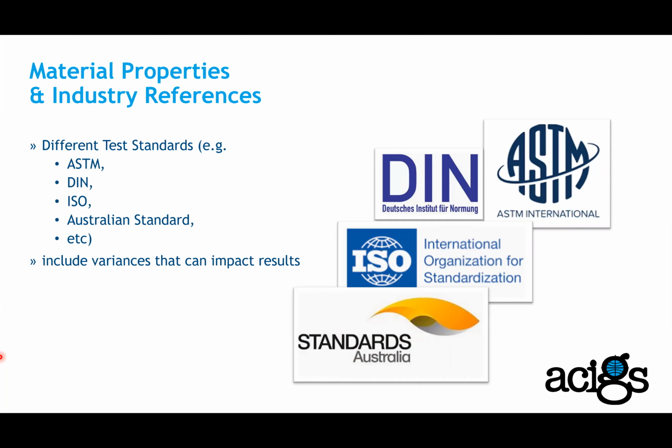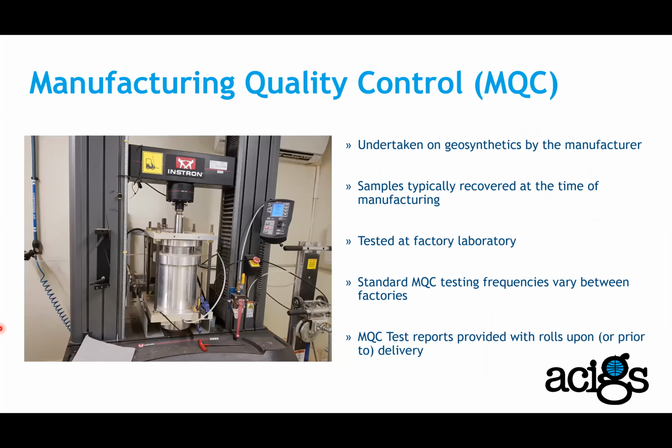If we are designing a material and asking for properties to meet a specification in accordance with ASTM, but we also get materials with test results according to DIN or ISO methods, we need to consider that in our design and in our CQA, and how we want to assess the material conformance against each of these standards.